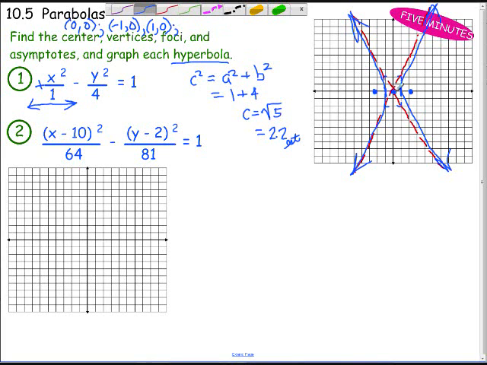And my foci were at negative square root of 5, 0, I should be precise here, and the other one was positive square root of 5, 0.